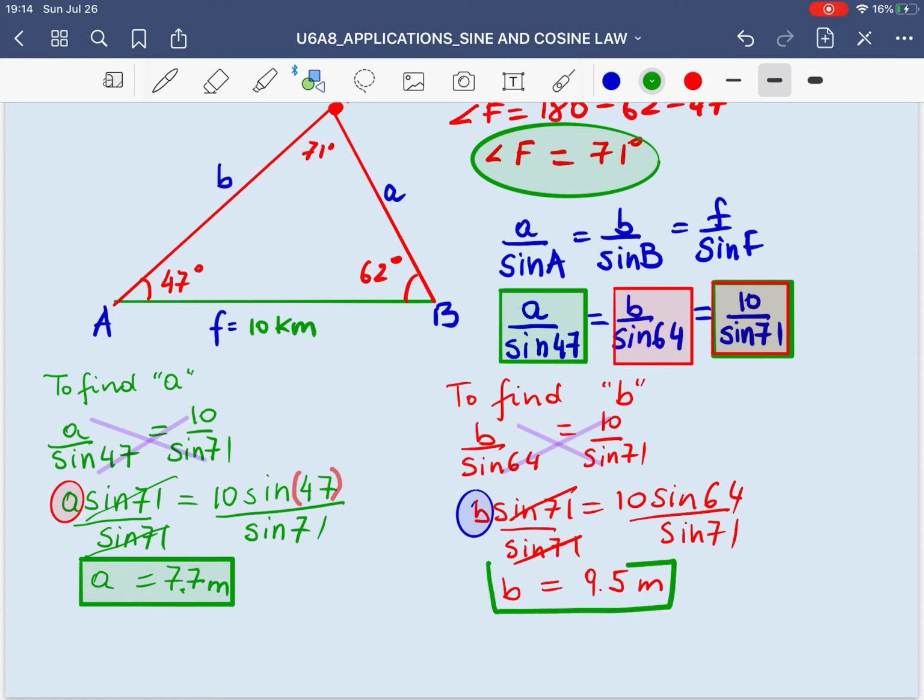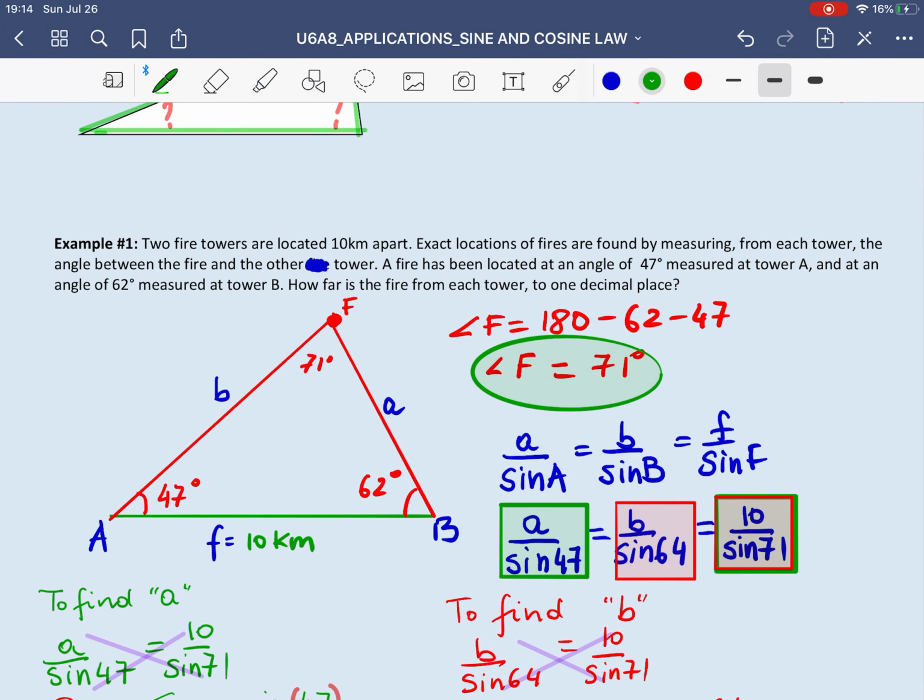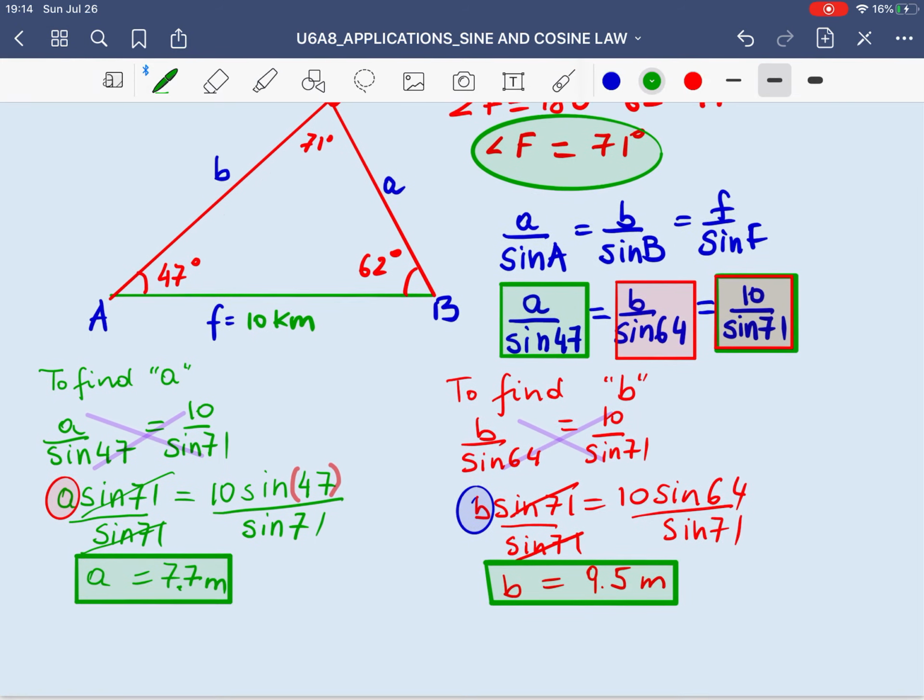But remember that this is a word problem, which means that we need to write a therefore statement. So in this case, whenever we solve word problems, we start this therefore statement from the question asked, and the question asked is how far is the fire from each tower to one decimal place.